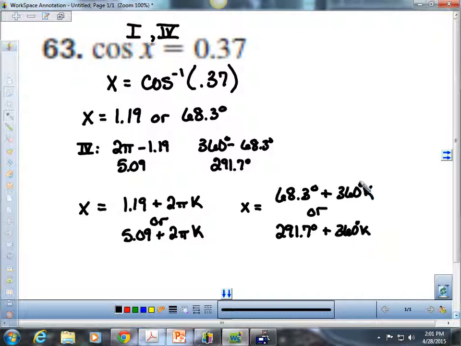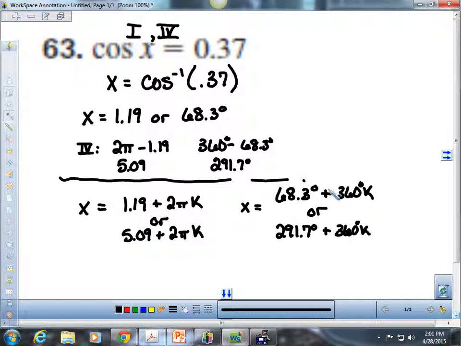That will include all of our coterminal angles that are the same as 68.3 and 291.7. Same thing over here: this includes all of the radian angles that are the same as 1.19 and 5.09. So up to this point, it's exactly the same.